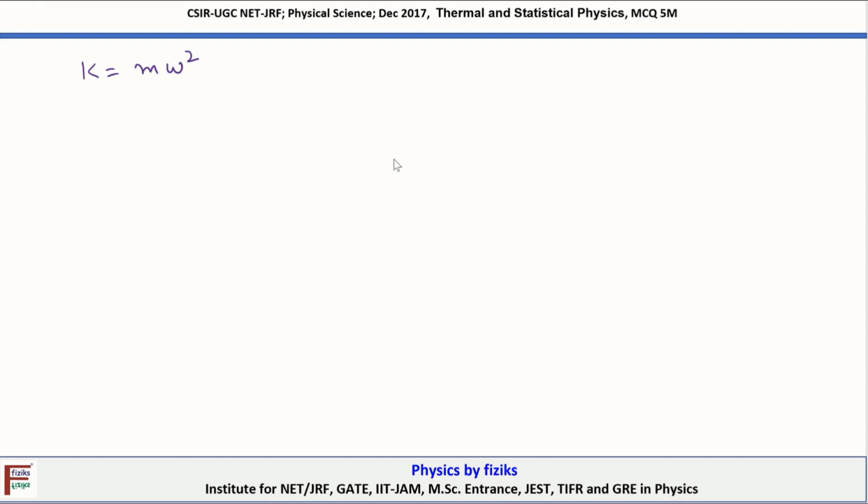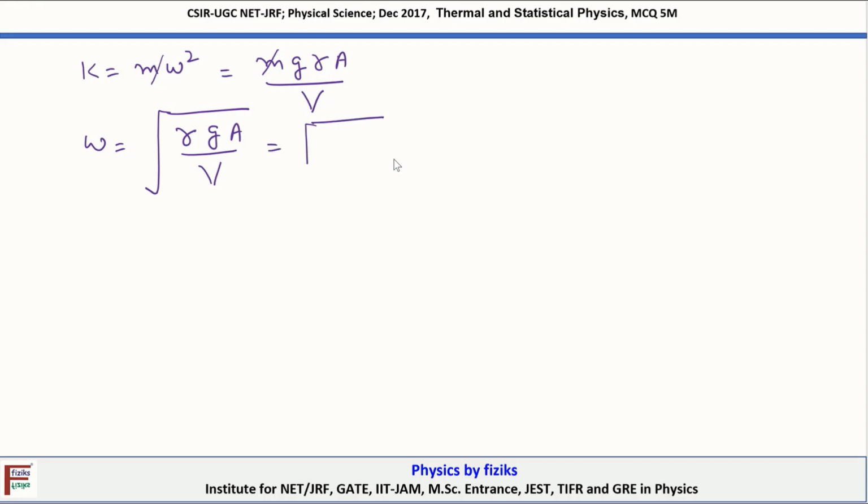So k is equal to m omega square, and that is equal to mg gamma A divided by V. Okay, so from here m and m will cancel with each other, so we obtain that omega is equal to square root of gamma times g A by V. Now the gamma value for the monatomic gas is 5 by 3, so this is equal to 5 gA by 3V. So therefore this is our final answer.